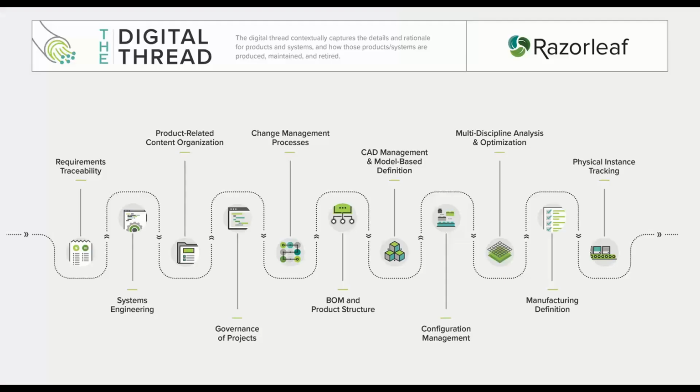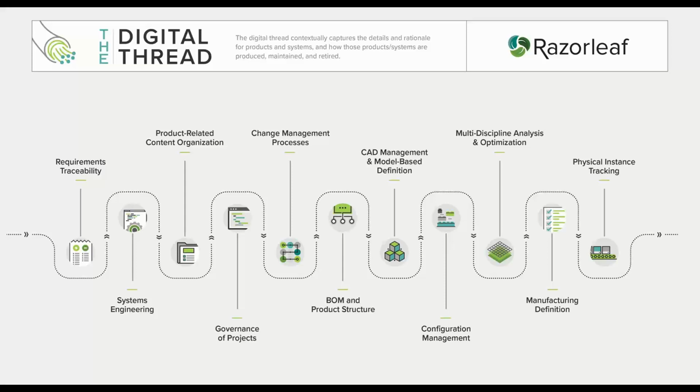Let me just dive in and talk about what some of those pieces of a digital thread are so that you've got a little more practical understanding of what I mean when I say that. So this is, again, how Razorleaf thinks of this, or how we define it. There are folks who would say there are elements I'm describing that are part of the digital thread which are not relevant for them. And there are other things that people would add in because of their industry.